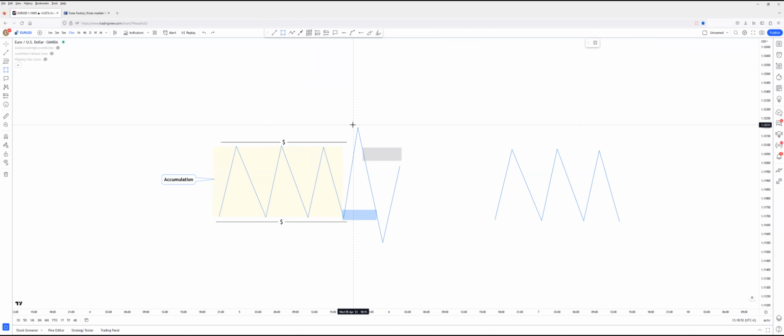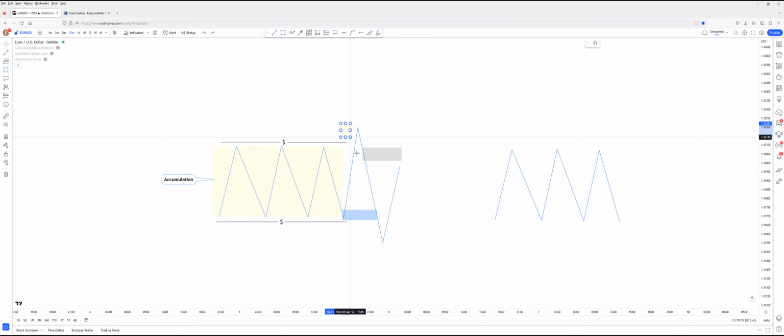All of the buyers, sellers, any type of traders will be trapped there, which means more room for the sweep, more volume, more inefficiency, and the bigger the movement will be. This is why we call it manipulation.